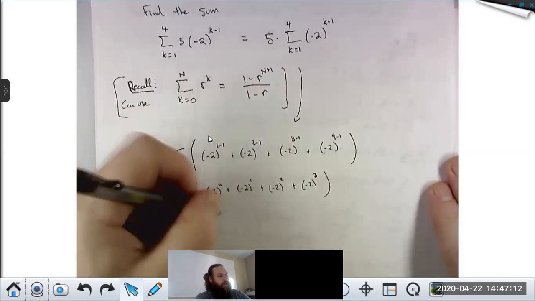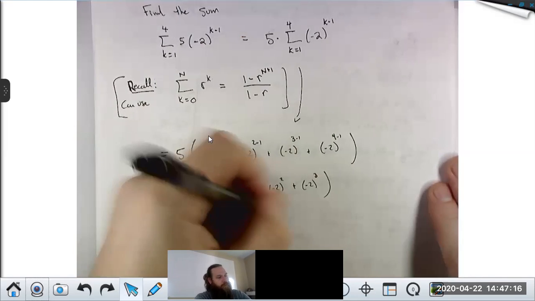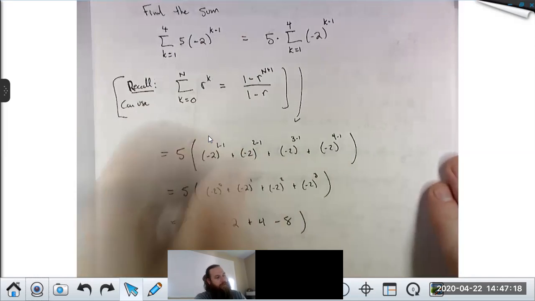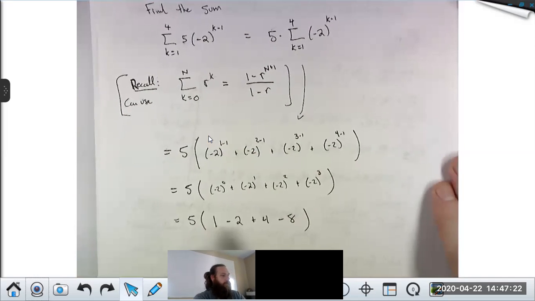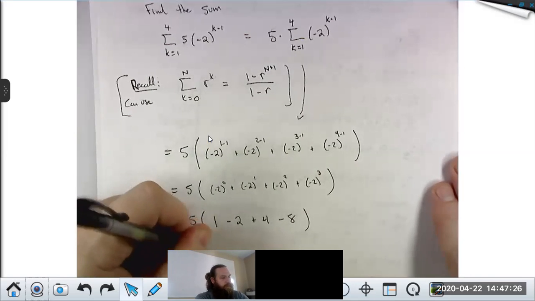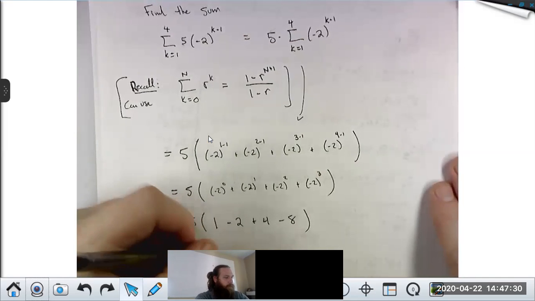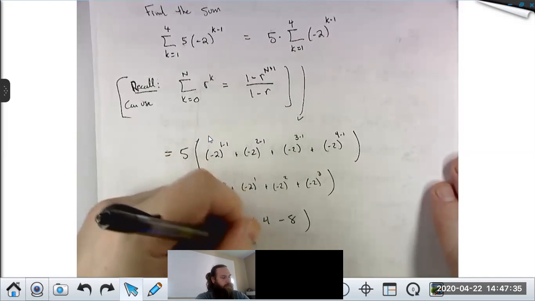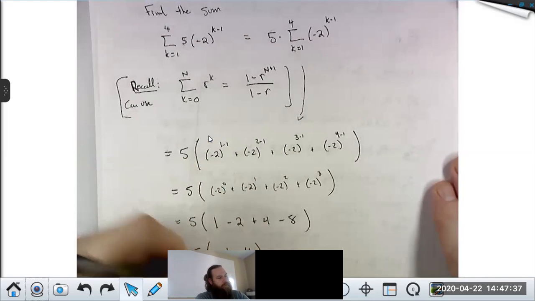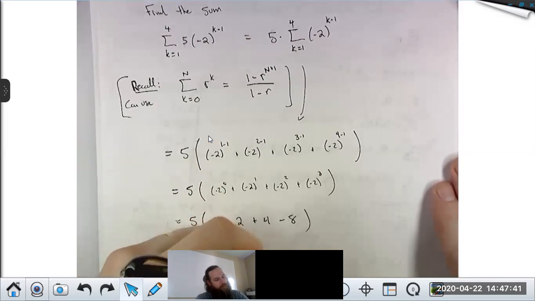So that's 5 times 1 minus 2 plus 4 minus 8. And you can do this addition, subtraction, whatever order you want. I would say maybe that's the same as 5 times 1 minus 2 is minus 1, and 4 minus 8 is minus 4. So that's 5 times negative 5, or negative 25.